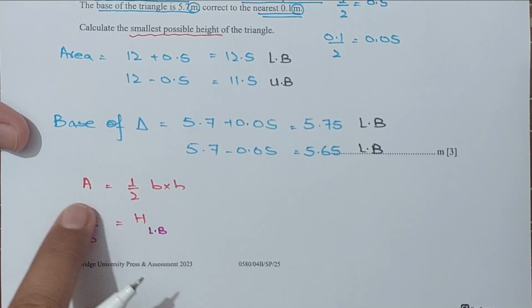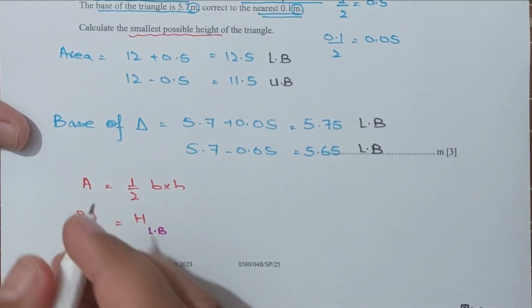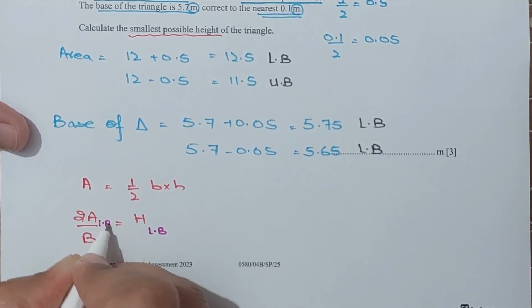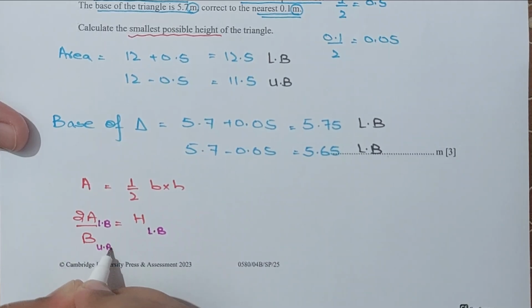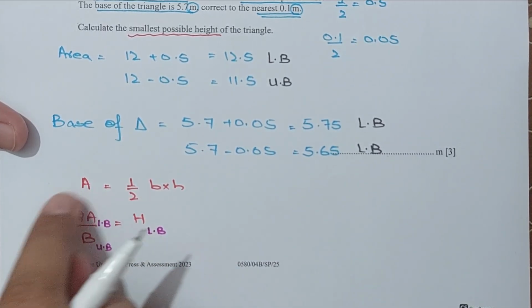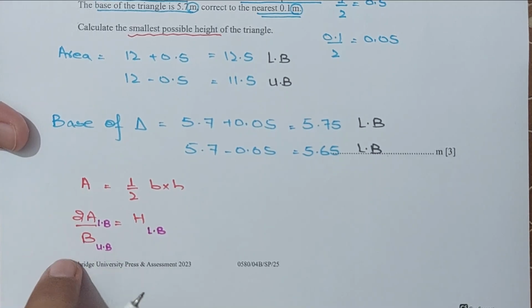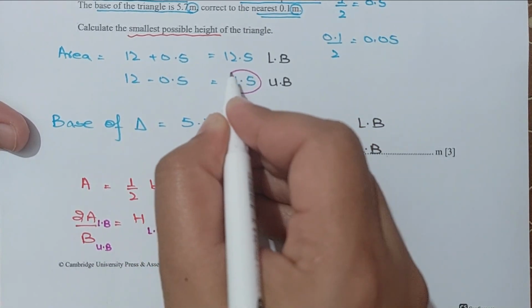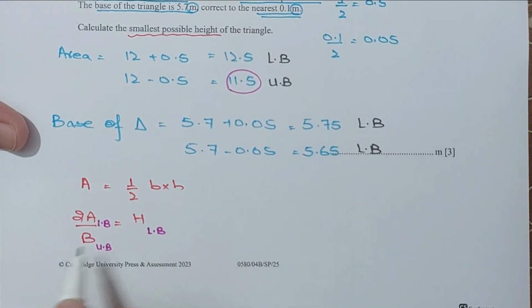Whenever in a quotient we have to find the lower bound, we pick the lower bound of the numerator and the upper bound of the denominator. And when we are working with the upper bound in a quotient, then it is the upper bound of the numerator and the lower bound of the denominator.